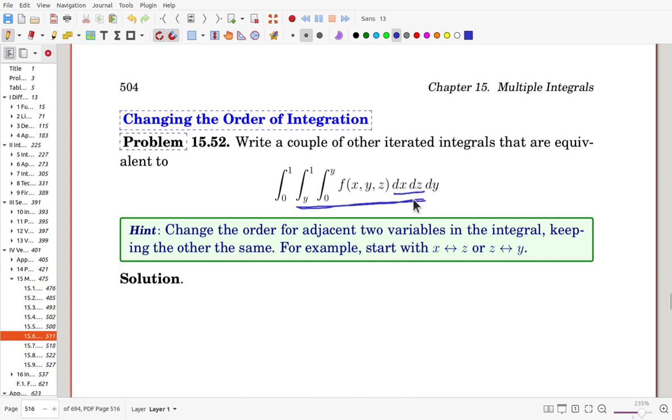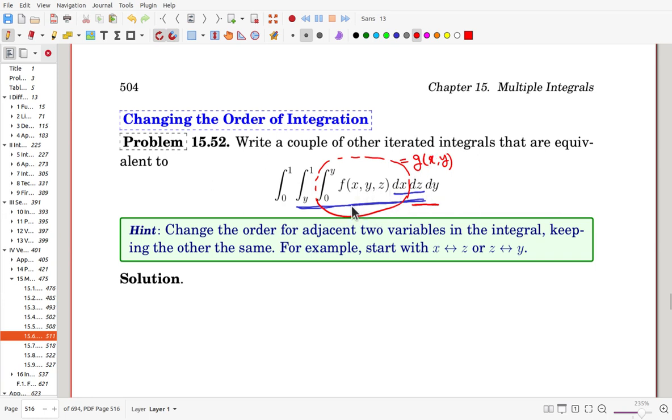We can do it. Or we may consider changing the order of z and y. Then, let's try to consider from here to there. Then this is after integration. This portion, after the x integration, will become a function of y and z. So let's say this is g of x y.